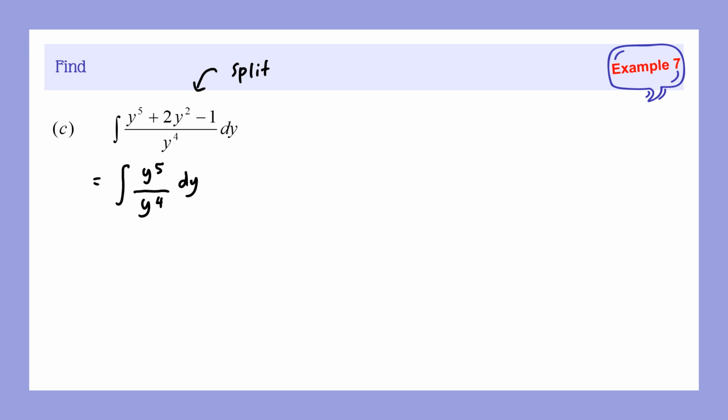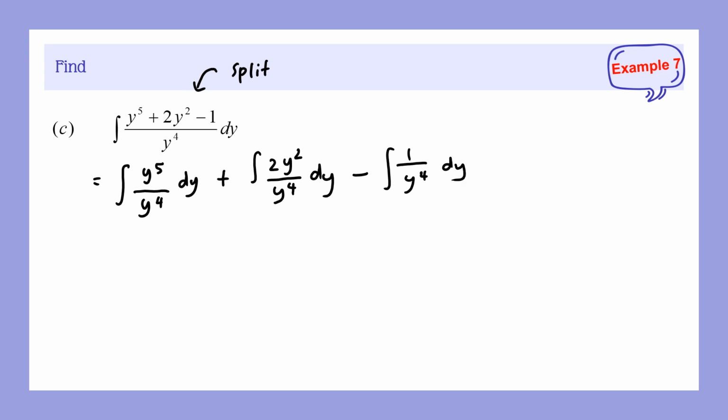The second one, plus the integral of 2y squared over y to the power of 4 dy. Then minus the integral of 1 over y to the power of 4 dy.